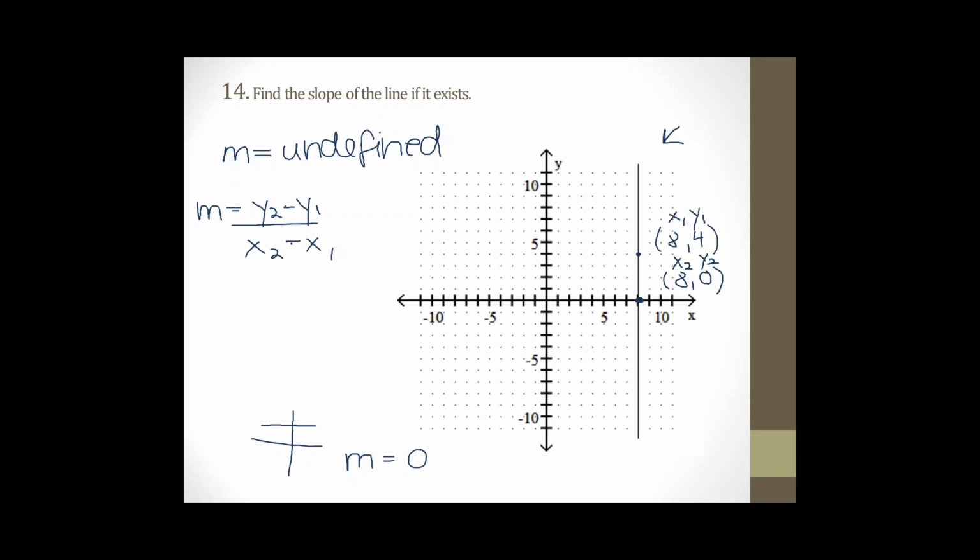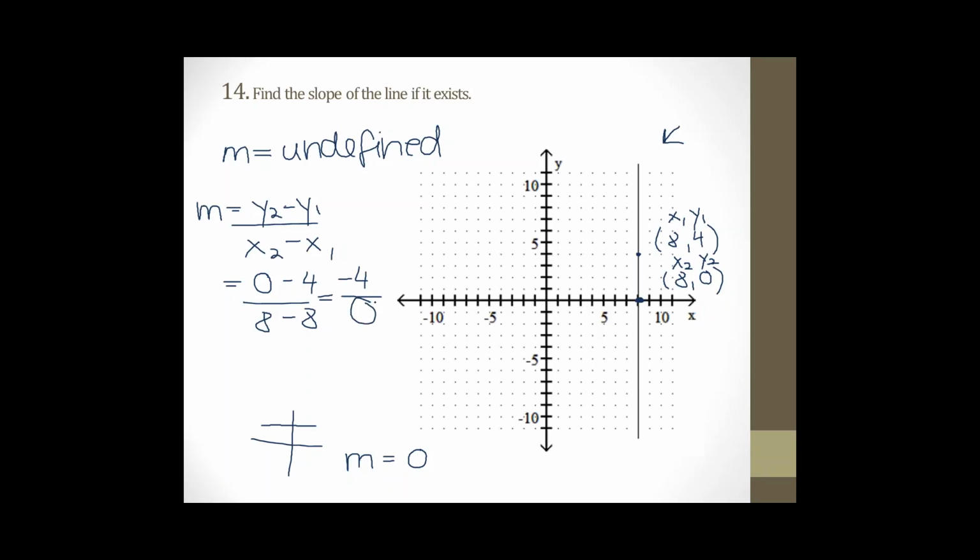And if you plug this into the formula, y2 in this case is 0 minus y1, which is 4, and then x2 in our case is 8 minus 8. So on top we get a negative 4, and in the bottom now this would be 0.